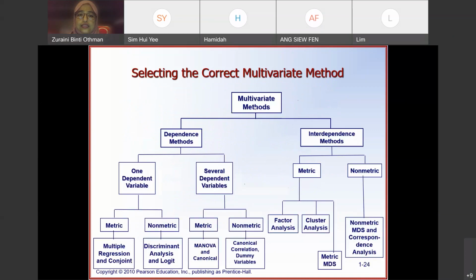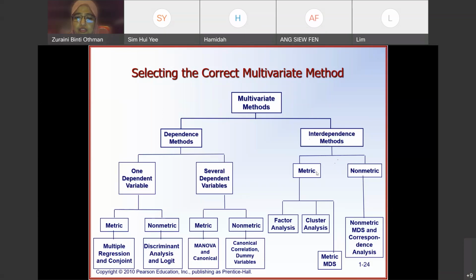Okay, then this is the chart that we use to determine, if we are involving a multivariate method, whether we are in dependence or interdependence. If we are in dependence, we have to know whether our study has one dependent variable or several dependent variables. It involves several or one dependent variable, or it is interdependent.